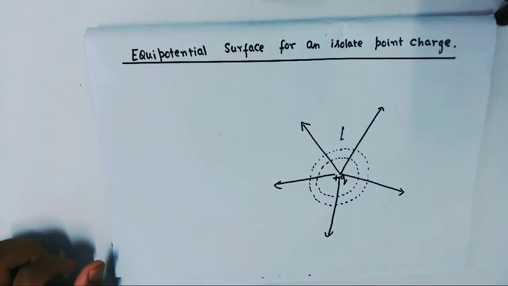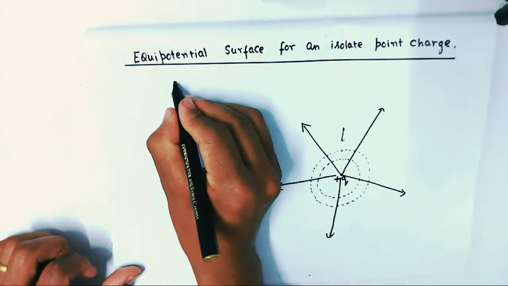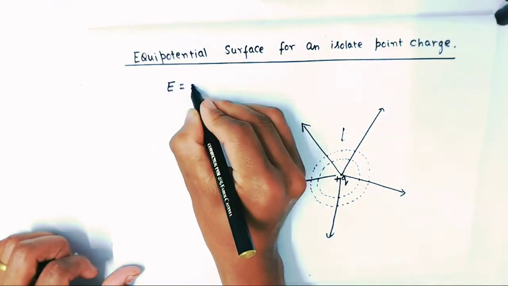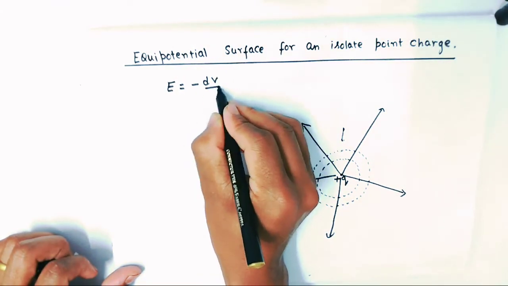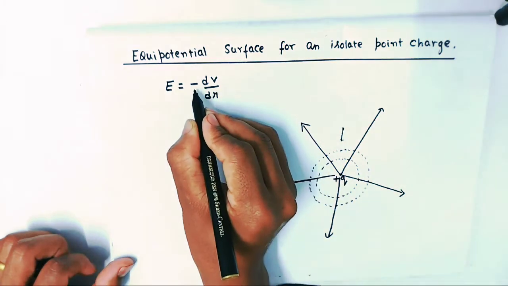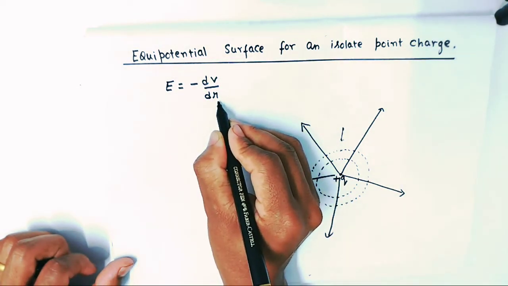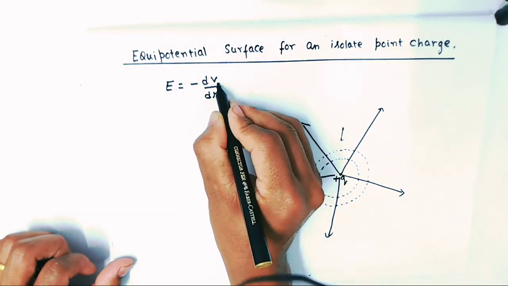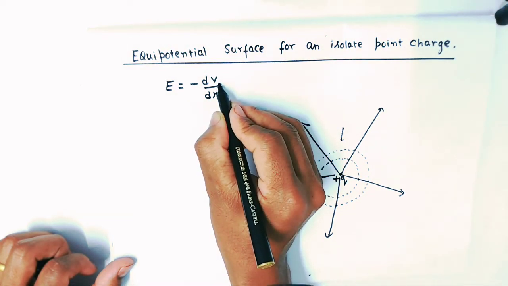So we know from the relation E equals minus dV by dr, this negative sign indicates that as r increases, V decreases.